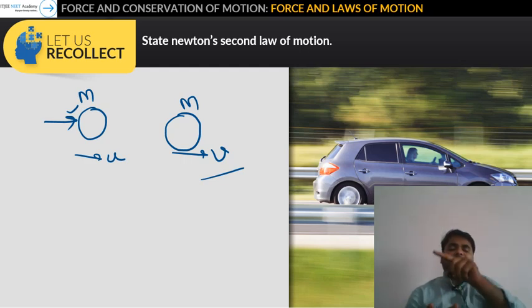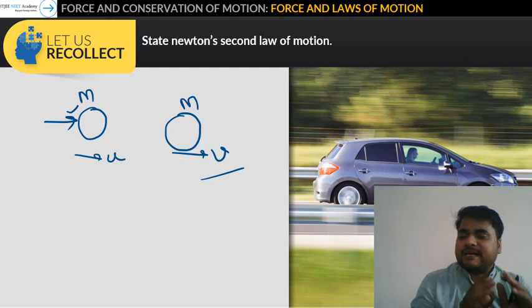If we apply an external force on the object in the direction of motion, then its velocity will get increased. But if we apply a force opposite to the motion, then what will happen? Its velocity gets decreased. It means force is proportional to the change in momentum of the object.